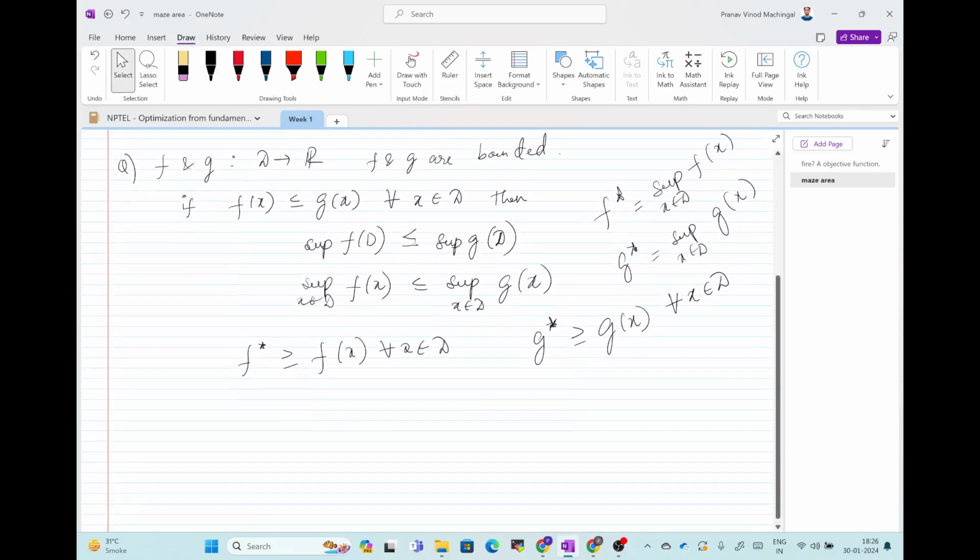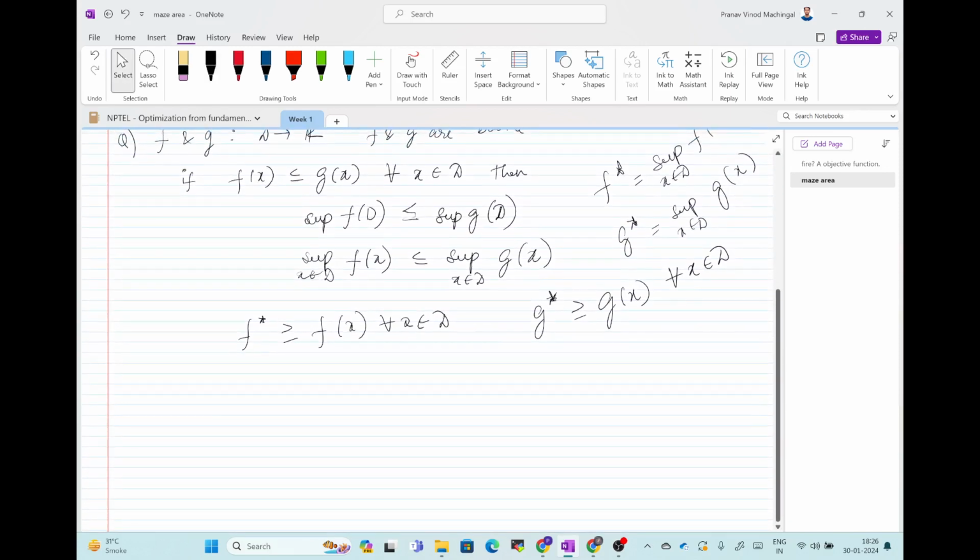So from this definition, how do you show that this inequality holds?